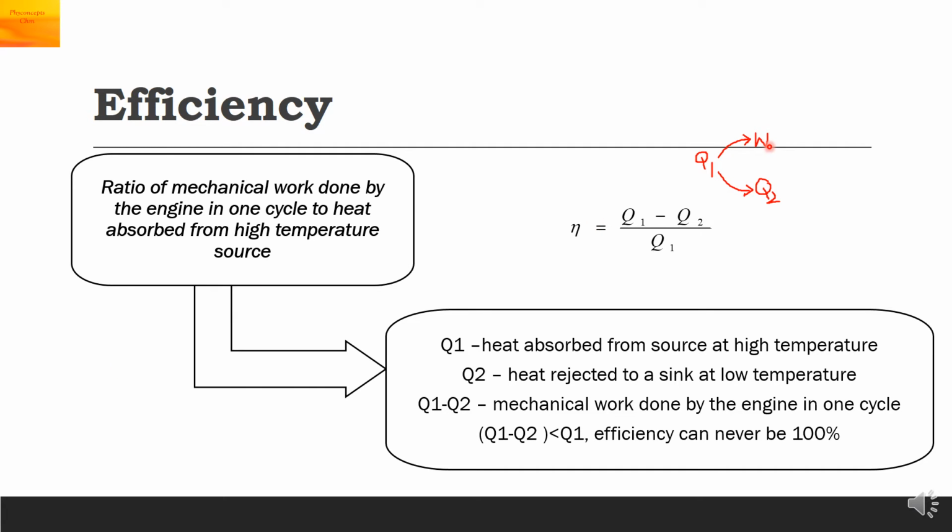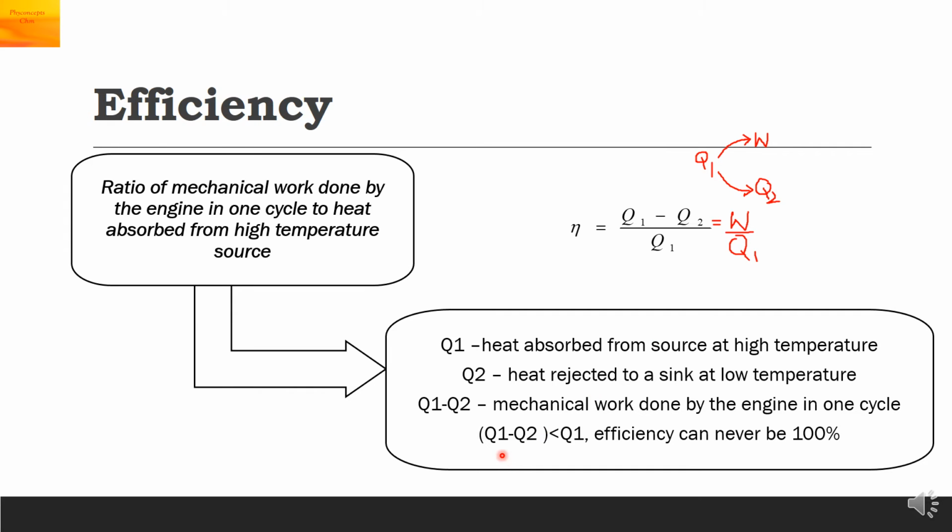The work done can be found as Q1 minus Q2. So in the numerator we have this Q1 minus Q2, and we can substitute it with the work done. So we write it as W upon Q1, where Q1 minus Q2 is the mechanical work done by the engine in one cycle. So this is another formula for finding the efficiency of the engine.